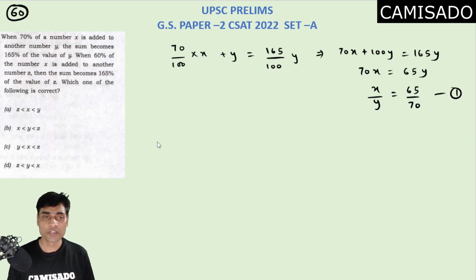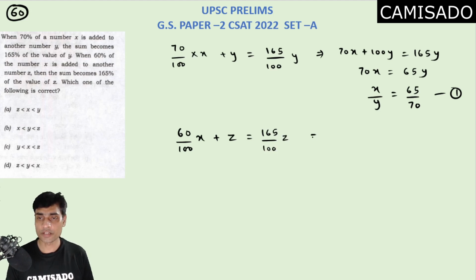This is 1. Similarly, second case is 60% of number x is added to another number z, and the sum becomes 165 upon 100 into z. Again solving it, you will get 60x plus 100z equals to 165z, or 60x equals to 65z, or x upon z equals to 65 upon 60.